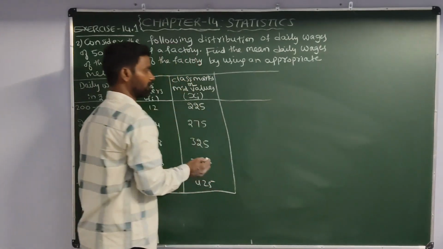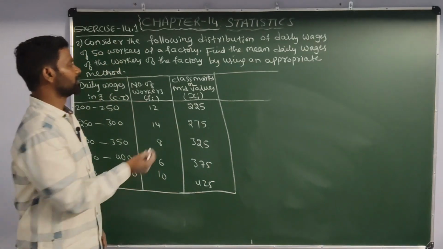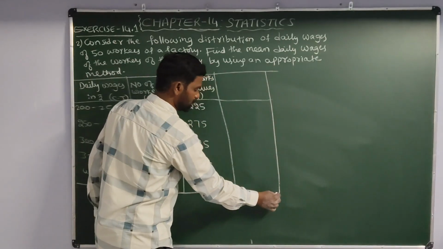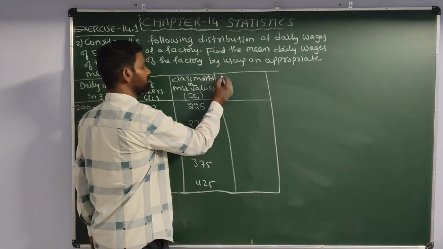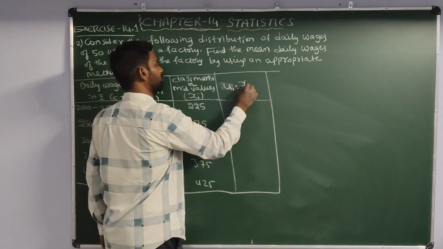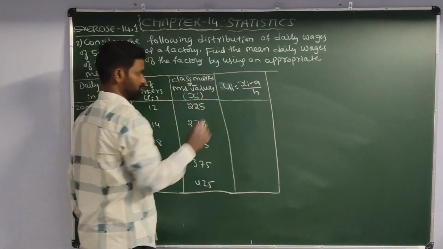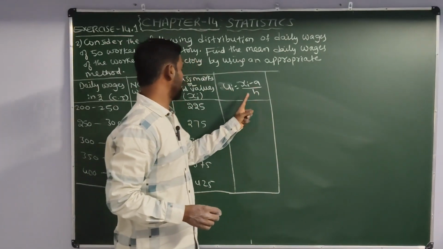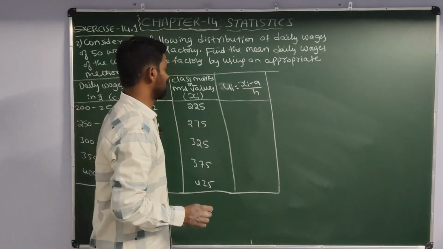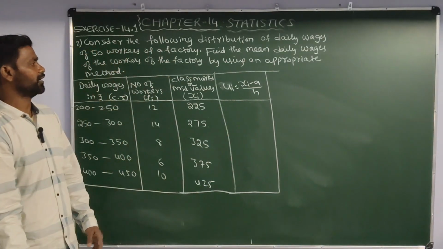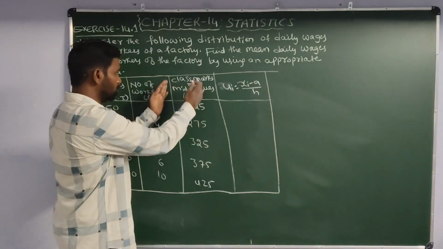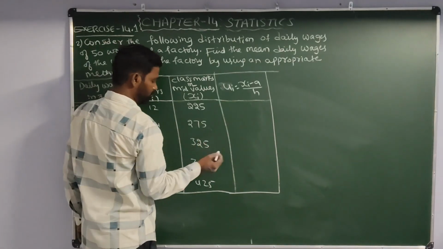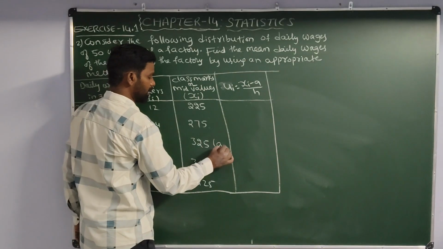In the step deviation method, the next column we have to use is ui. The formula is ui is equal to xi minus a by h, where h is the class size and a is some assumed value. So now in this xi column, we have to assume one value. Let us assume this as a.